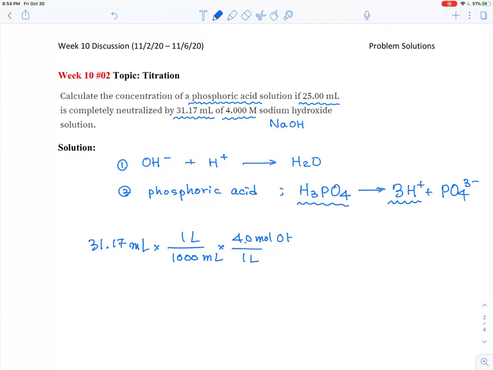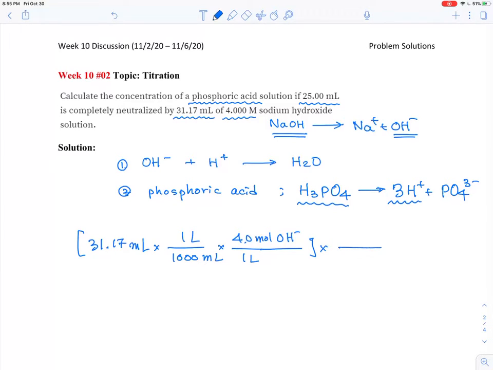And let me just say this is the same as OH, because this is complete neutralization of H plus and OH minus. The concentration of NaOH, sodium hydroxide, is the same as the hydroxide anion concentration. So this is the number of moles from that.